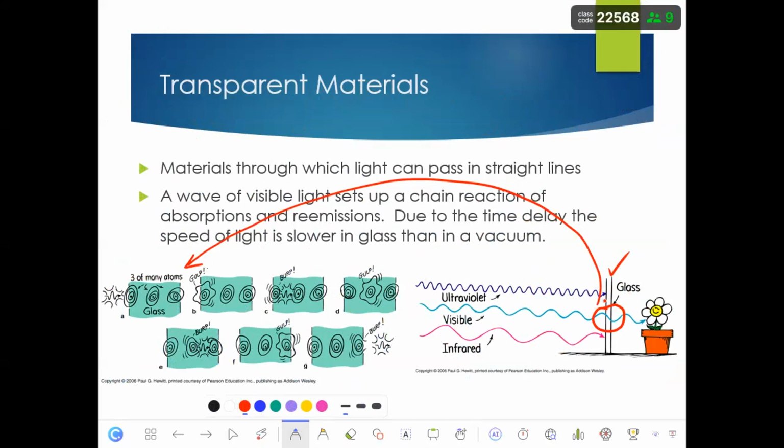But visible light passes through the glass. What exactly happens? I can show the process here. The glass is made of different molecules, atoms, particles. When the light reaches the first atoms in the glass, what happens?